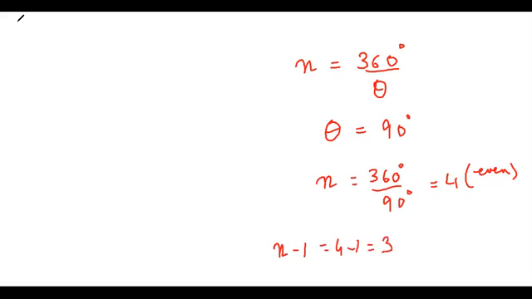Whether the object is placed symmetrically or asymmetrically, it doesn't matter. If n comes out to be 4, then the number of images formed, in case of even, is n minus 1. So let us learn this with an activity shown to you right now.